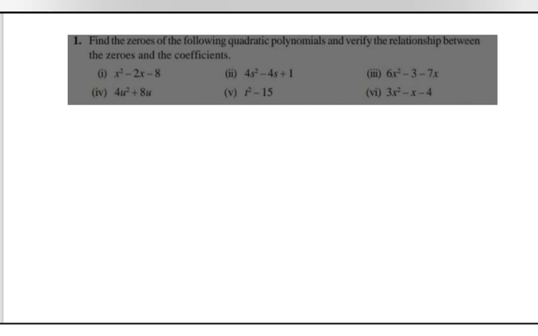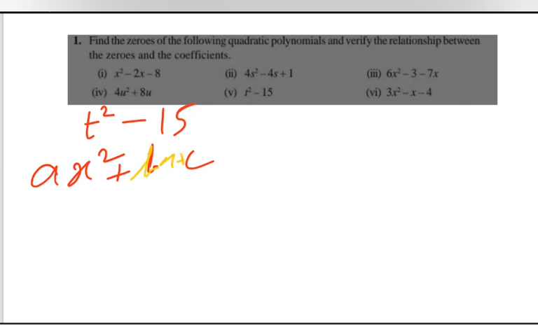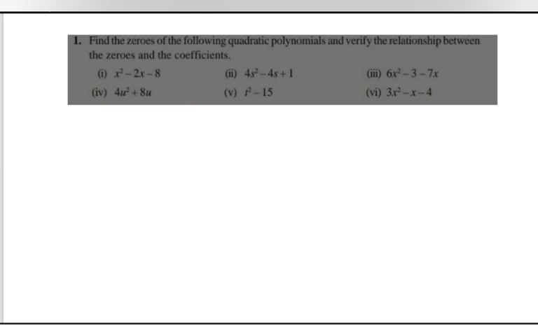Here they have given only a and c. So t square minus 15, we got only a x square, and this is c. We haven't got b x. This is missing. Am I right? The question is t square minus 15. We got only a, that is t square, and the b is missing, and c only.